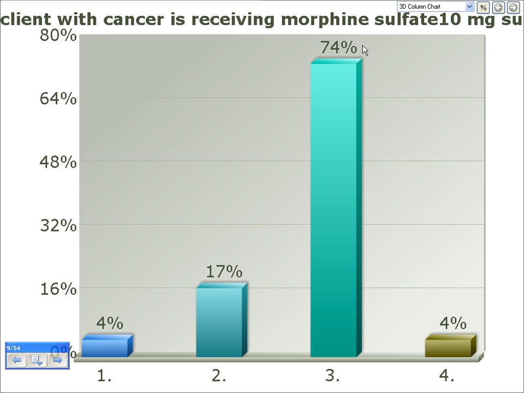So 4% said stool, 17% said urine, coughing and deep breathing got 74%, 4% said fluid intake.